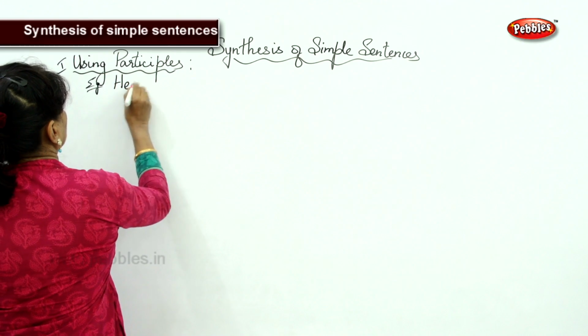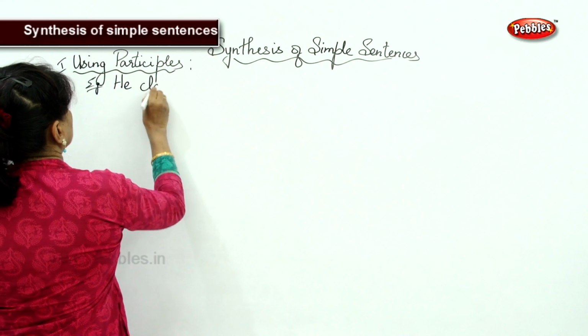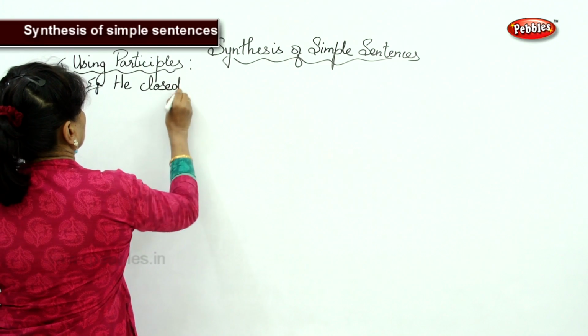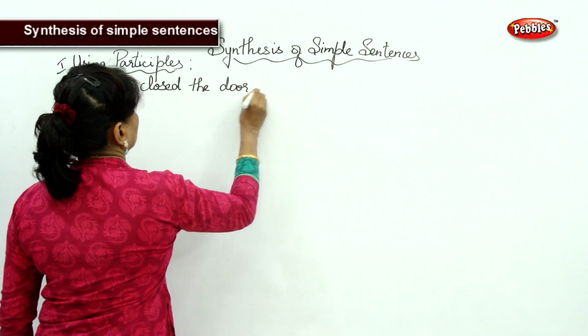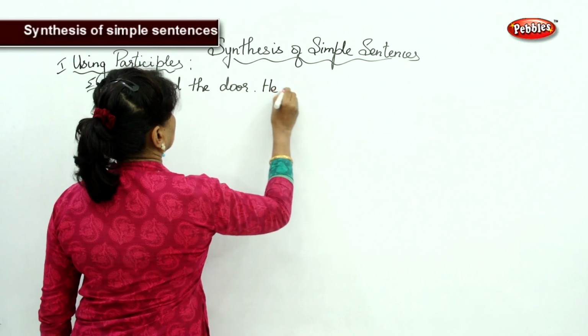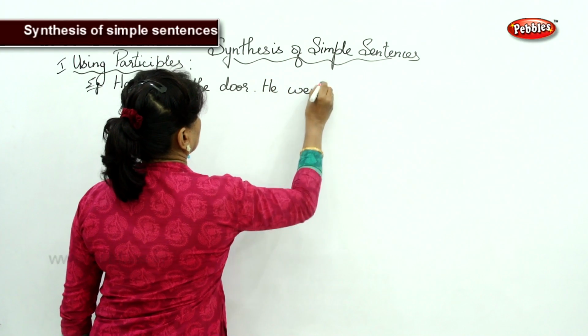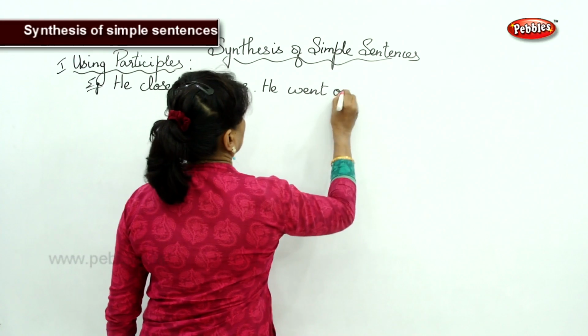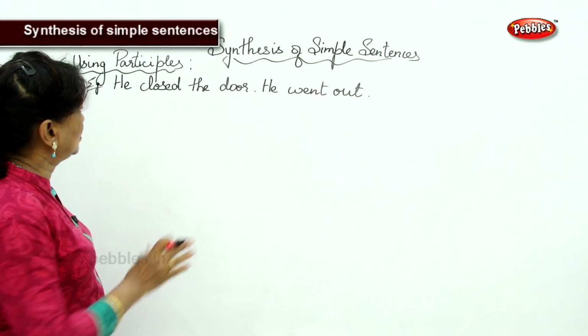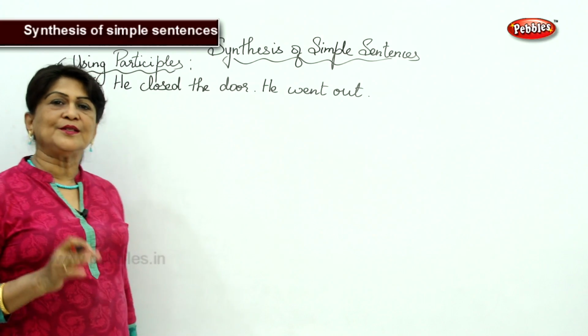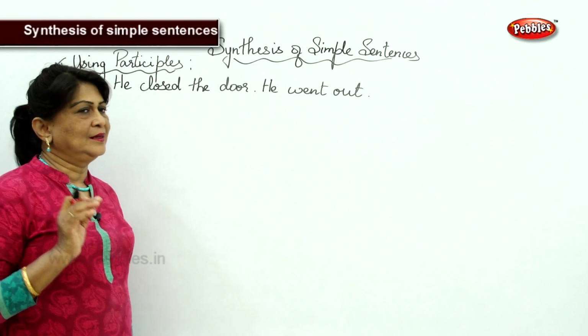Two sentences I am giving you. He closed the door, he went out. How do we combine these two sentences into one single sentence?